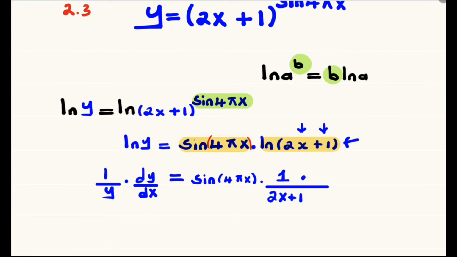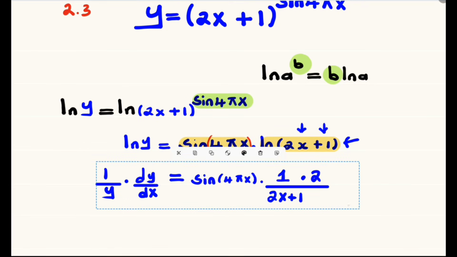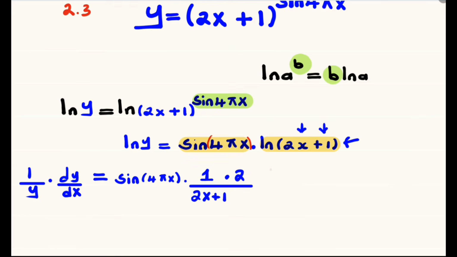The derivative of the 2x is 2, and the derivative of the 1 is 0, plus we are going to have the ln of 2x plus 1.